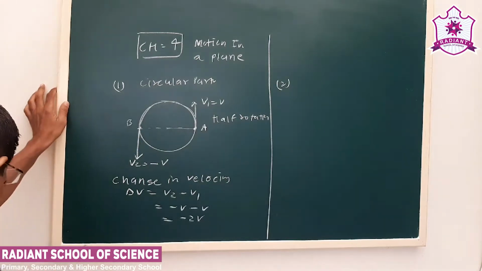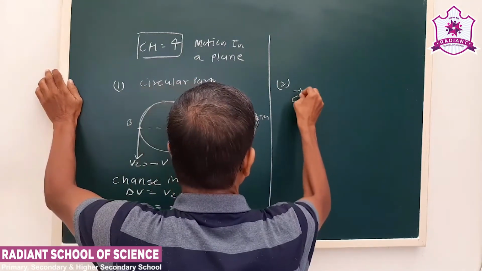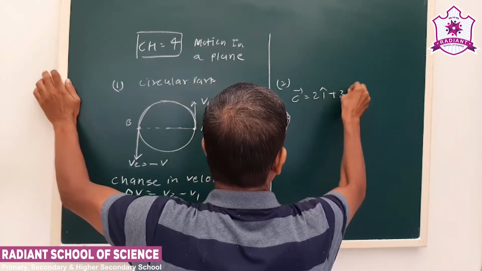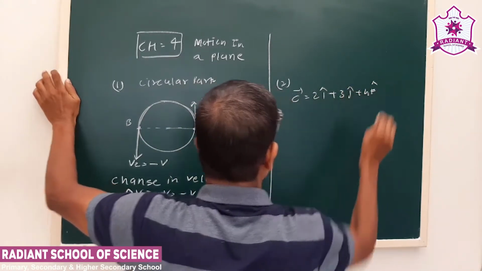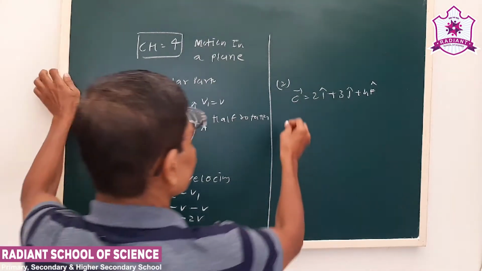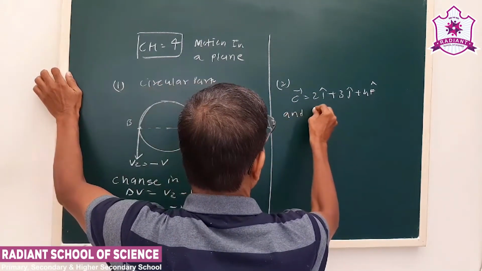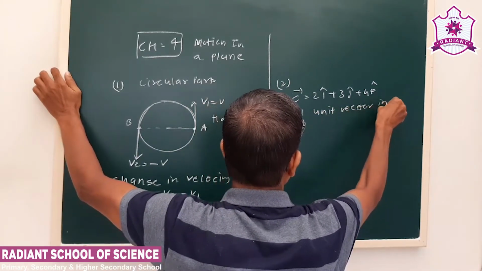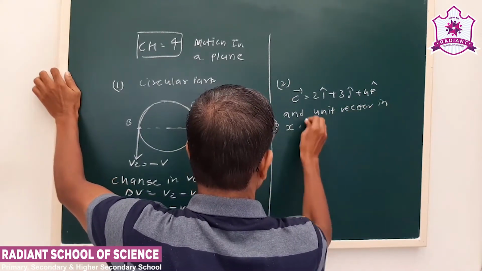A vector C is given as 2i plus 3j plus 4k. What will be the angle between vector C and the unit vector in the x direction?